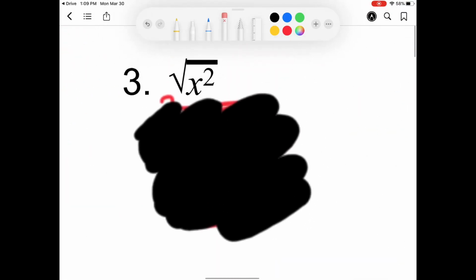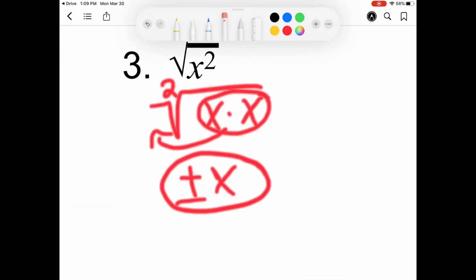For number 3, you should have gotten plus or minus x. Also know that if there was nothing left underneath the radical, the radical disappears.